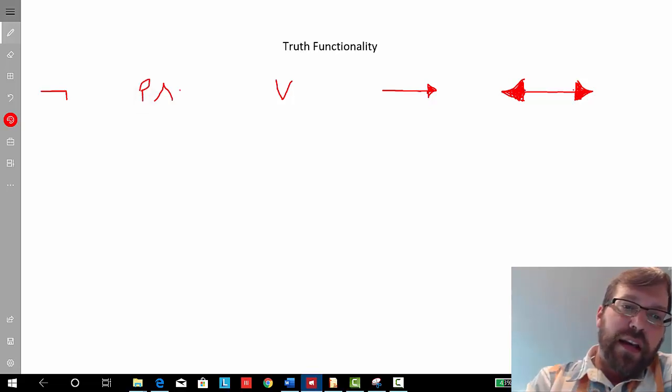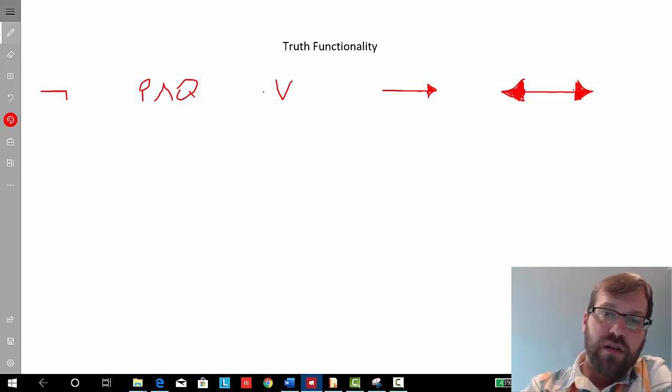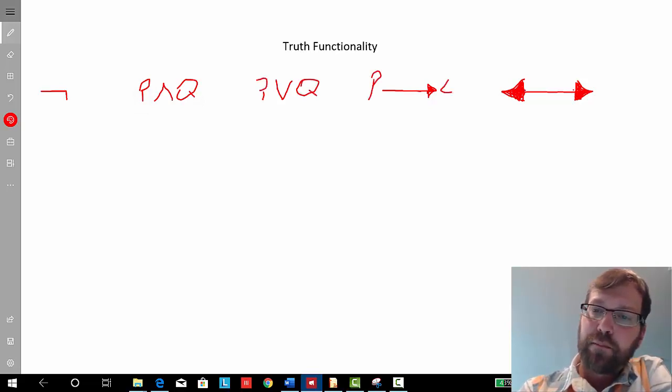So these 4 connectives connect sentences by going in between them.